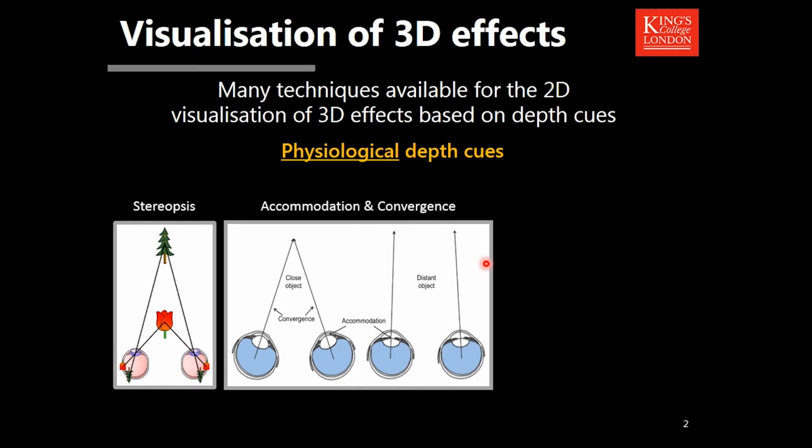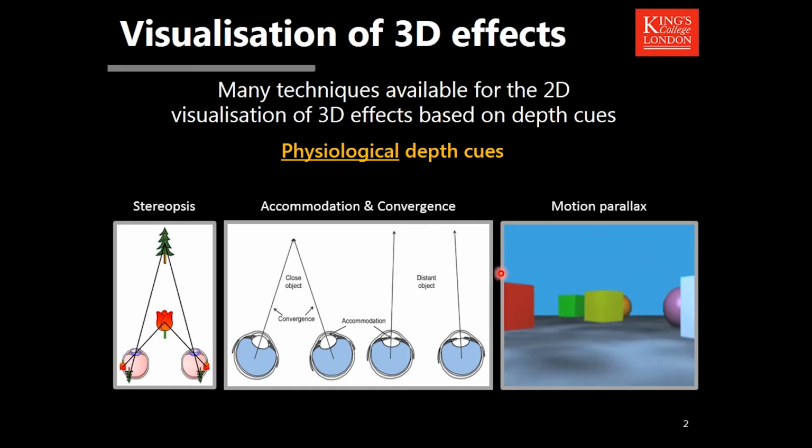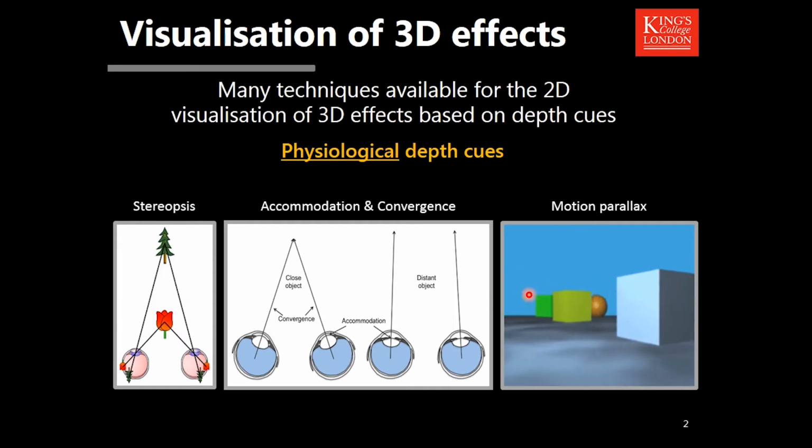And this is also used by the brain to interpret distance and depth. The last example is the motion parallax, which arises from the relative velocities of objects which are moving in front of you. It's like being on a train or in a car, as a close object will appear to be moving faster than an object which is further away.